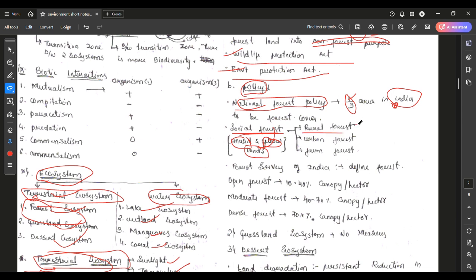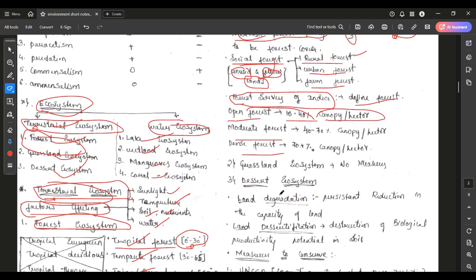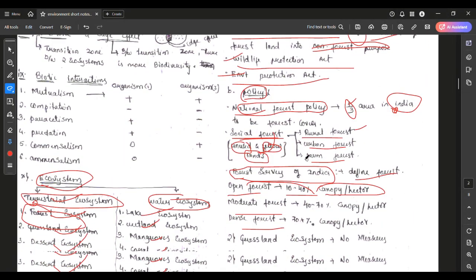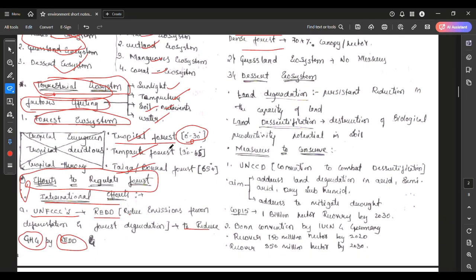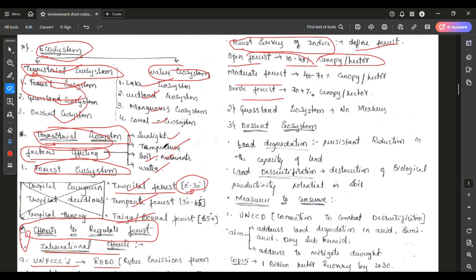They classified it into rural forest, urban forest, and farm forest. And the Forest Survey of India defines the forest as open forest, moderate forest, and dense forest. You can see 10 to 40% canopy per hectare is known as open forest. Like that, they explained. I provided each and every effort taken by the national as well as the international bodies in front of you.